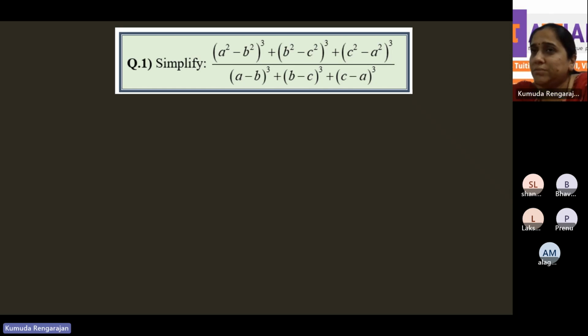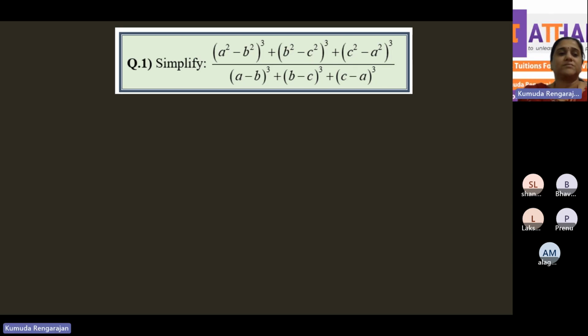So p cubed plus q cubed plus r cubed is equal to 3pqr if p plus q plus r is 0. So you must first check if p plus q plus r is 0. If it is 0, then it is equal to 3 into p into q into r.